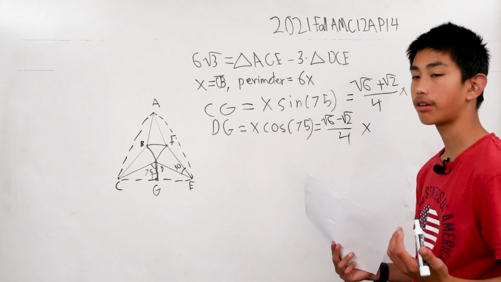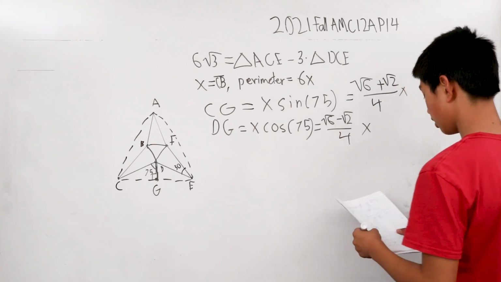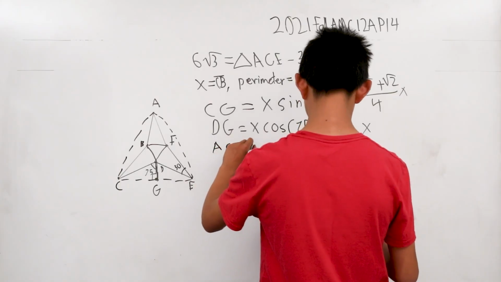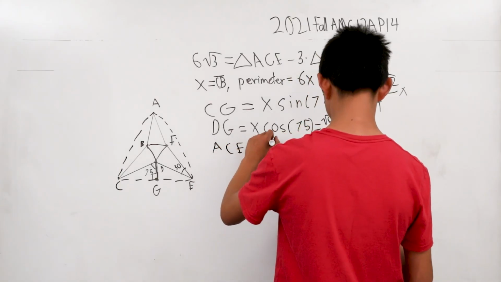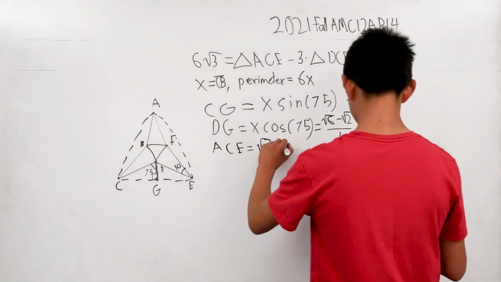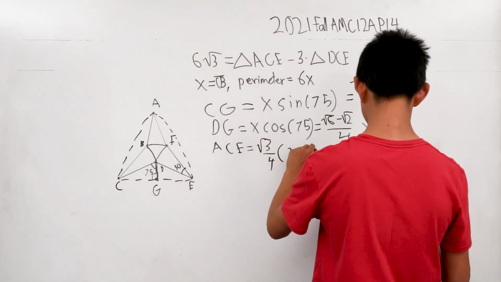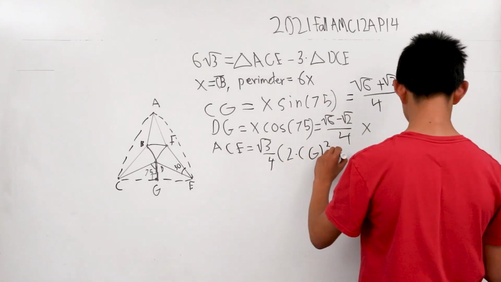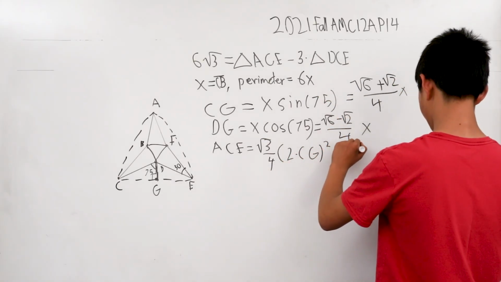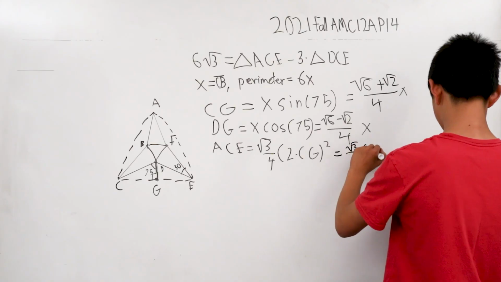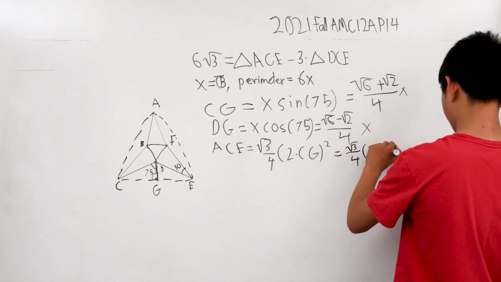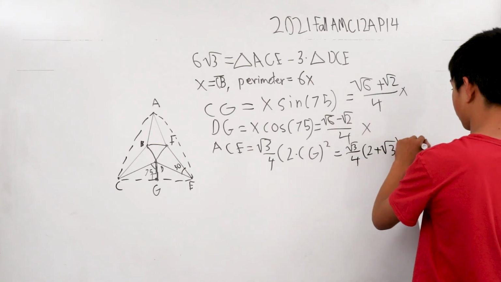Therefore, we can find the area of ACE. The area of ACE is equal to square root 3 over 4 times 2 CG squared. And plugging these values in, this is root 3 over 4 times 2 plus the square root of 3 times x squared.